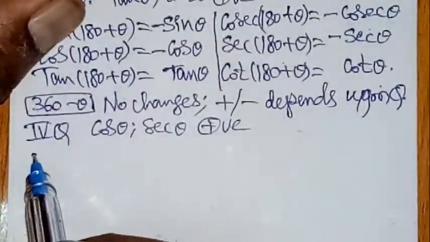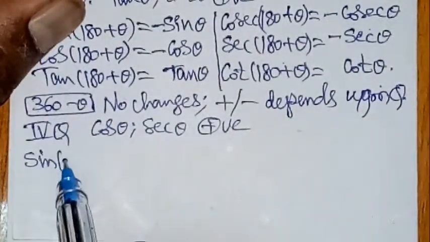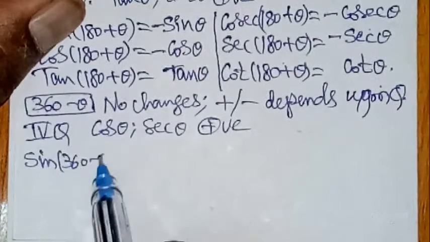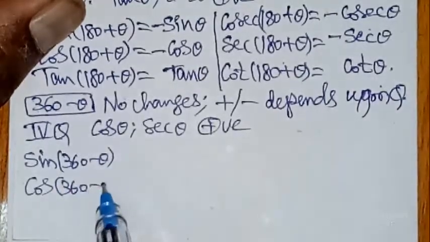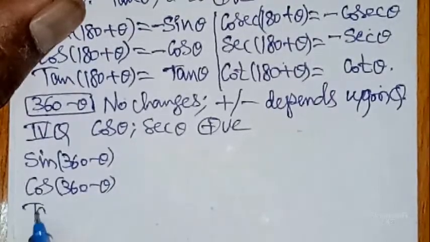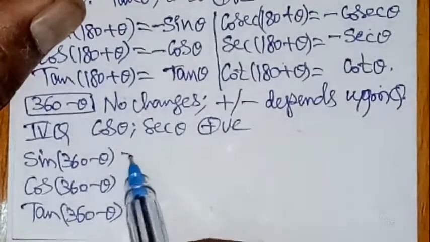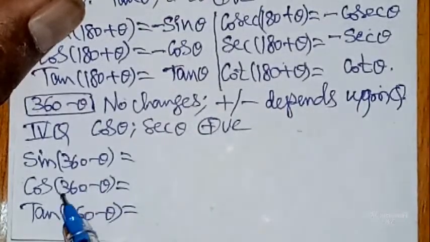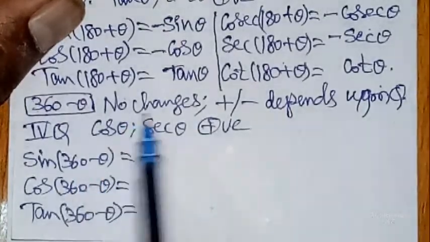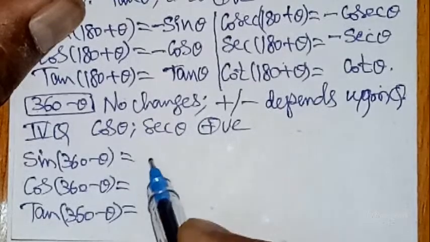What next? I wanted to write sin 360 minus theta, cos 360 minus theta, tan 360 minus theta. First we find these three values, after that the reciprocals of these three values. Sin 360 minus theta, first our logic is no changes.